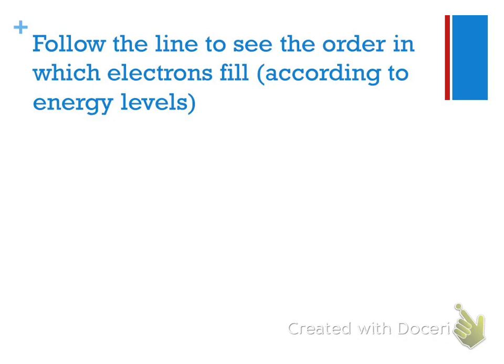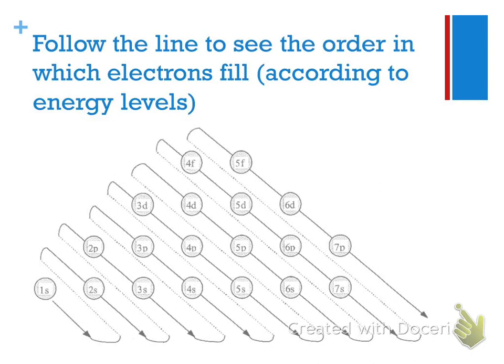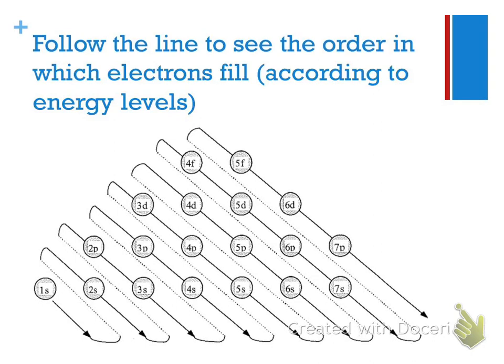Look, I'm going to give you a sheet to show you what order our electrons have to be filled in. So if you can't quite follow it on the periodic table, that's okay. I'm going to give you something else that will show you which order our electrons have to be filled in. So this is what our little pathway looks like. I might need to make more copies of this.